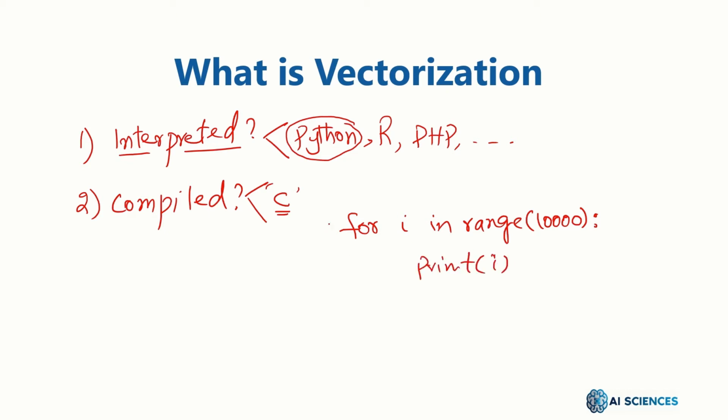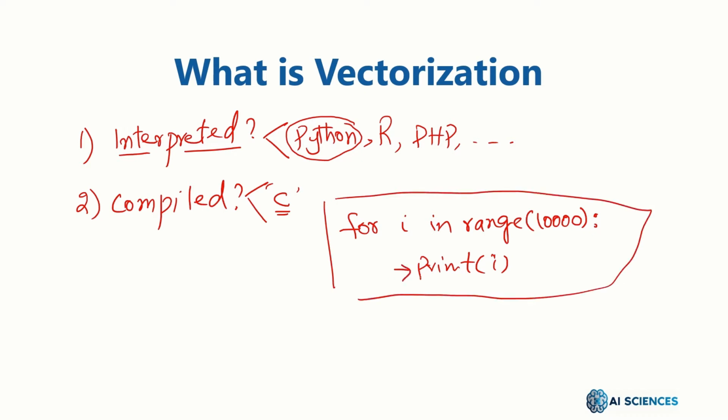In this code snippet, a statement is executed 10,000 times, and every time it executes, in theory it is interpreted, which takes time.